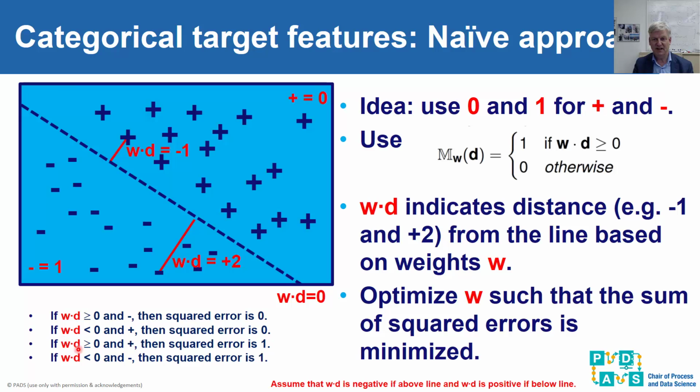Now we look at the situation that W times D is bigger than 0. Then this leads to the value 1. And we have a plus. And then plus is encoded as 0. We take 1 minus 0, take the square of it, and that's equal to 1.